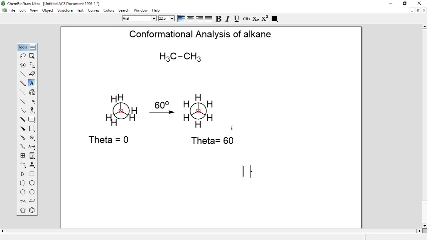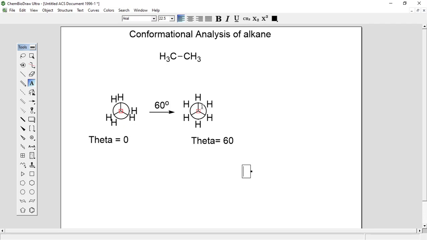Again, when you rotate by another 60 degrees, suppose this is your labeled carbon and labeled hydrogen, when you rotate this labeled hydrogen by 60 degrees you will get the staggered conformation.